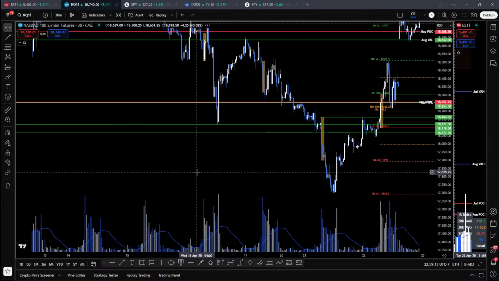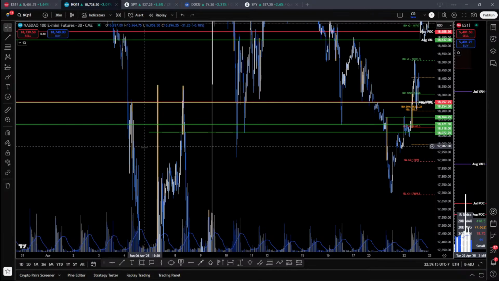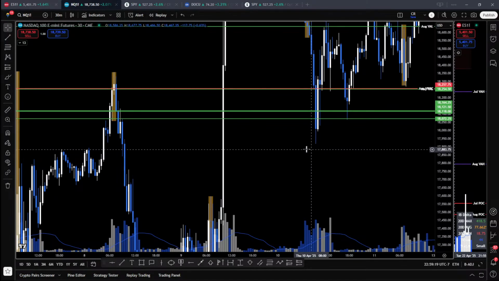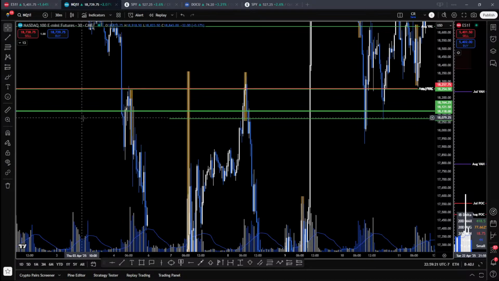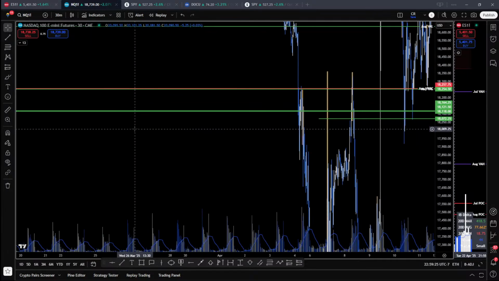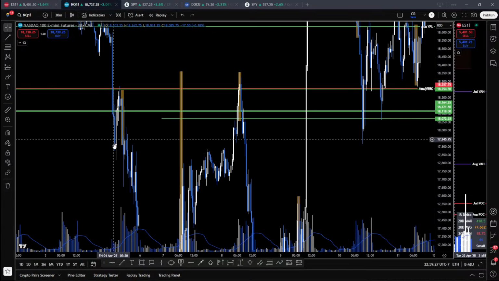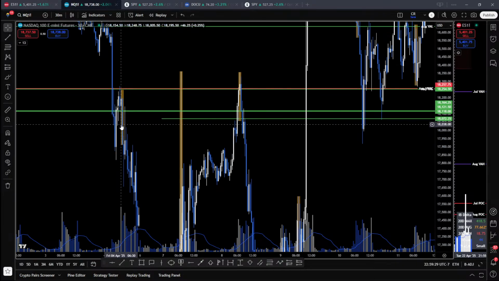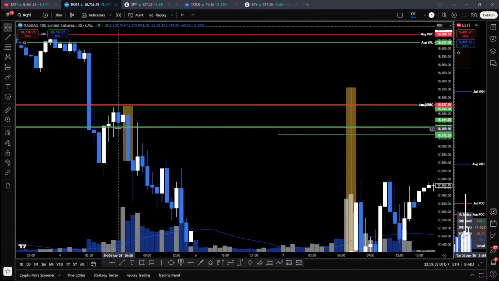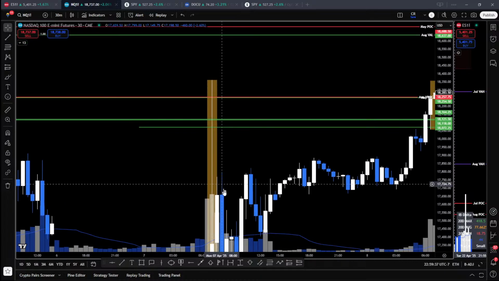I immediately zoomed out and looked left, and basically I drew a line at 18,118. And I just noticed we just kept slicing through it. It wasn't really being respected very much. Here, they bounced off of 118, right? But in general, we're just slicing through.